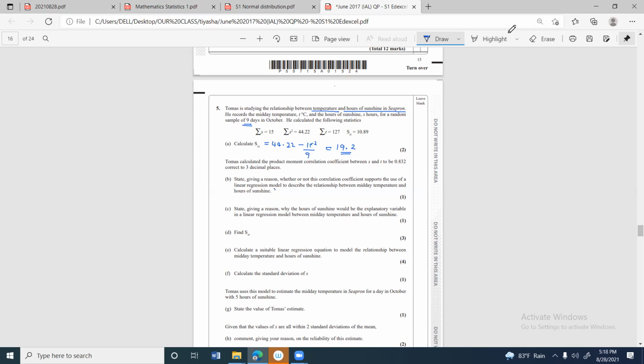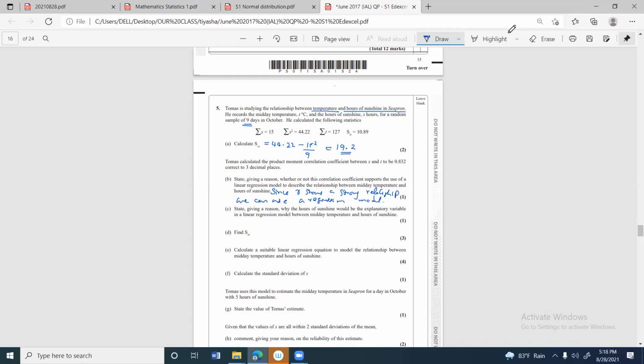So you can write, since gamma shows a strong relationship, we can use a regression model. That's the answer for this question.